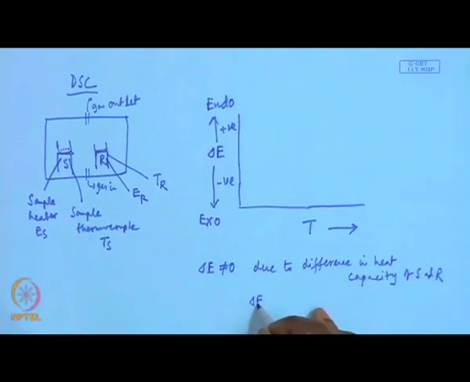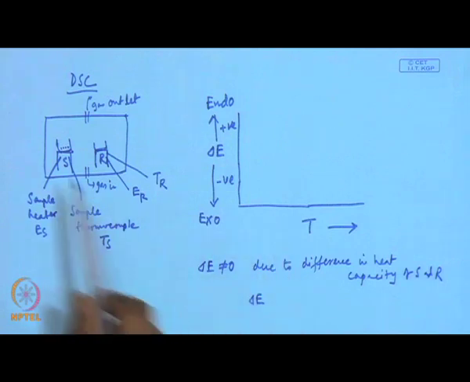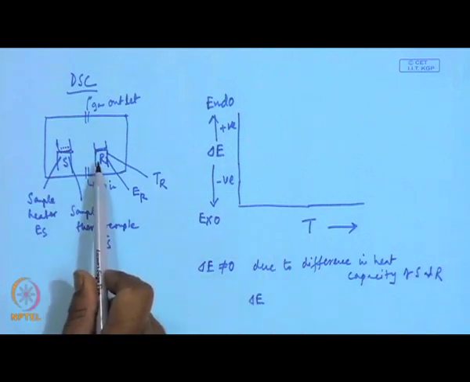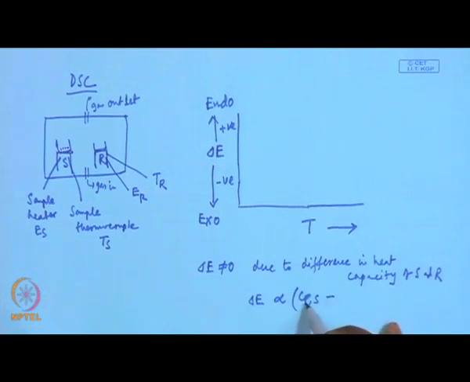Again, this delta E is the amount of energy or heat you have to supply to the sample to keep the sample and the reference temperature the same. So, delta E will be proportional to the difference in the heat capacities, the heat capacity of the sample and the heat capacity of the reference.